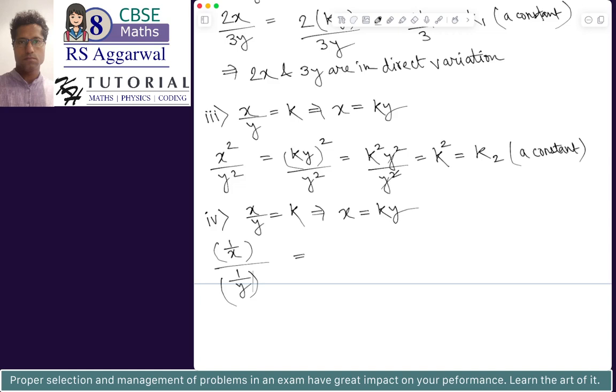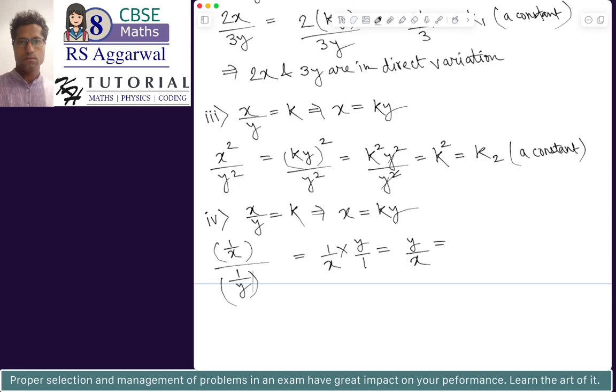So this, if you simplify, is 1 by x multiplied by y by 1, which is equal to y by x. Now this is a straightforward question. If the two quantities x and y are in direct variation, we know that the ratio x by y will be a constant, which also means that the ratio y by x will also be a constant. But the constant values of x by y and y by x are not the same, they are reciprocal to each other.